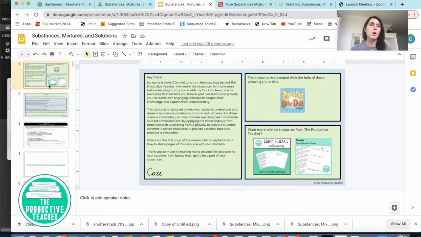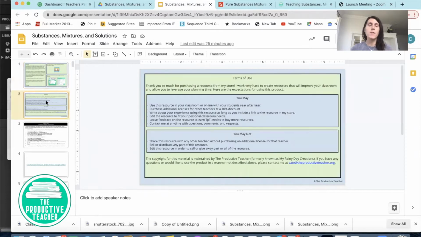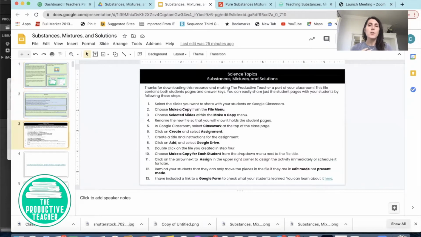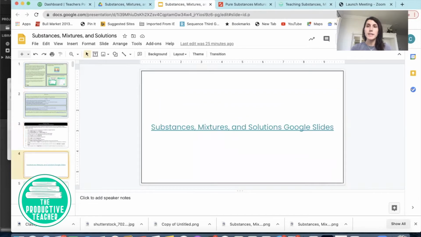This unit is set up like all of my other digital science units, but I want to show you what it looks like. The first two pages just give information about how you can use the resource. This page shares how you can share individual pages with your students in Google Classroom. Down here is a link to view the slides at any time. I find this helpful because if you get it on Teachers Pay Teachers, you make a copy from what exists at the time, but with the link, you can see what I'm doing at any time if I make changes.